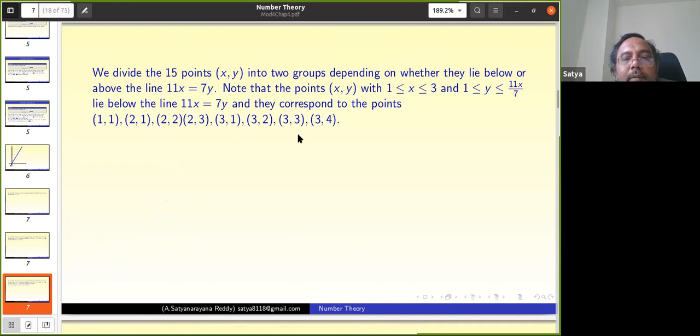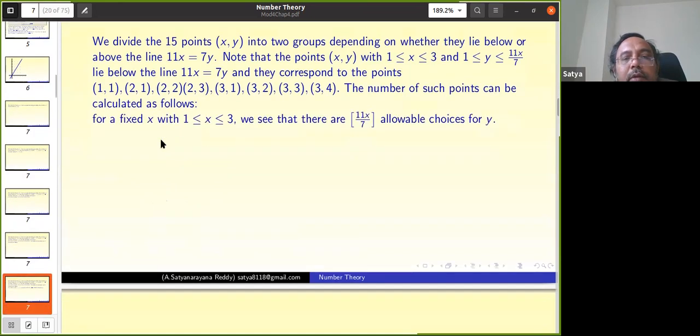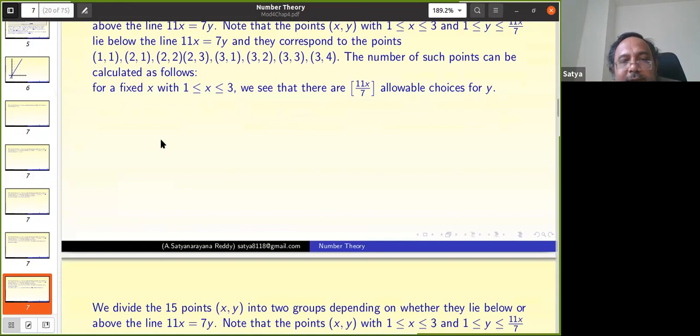But how do you get them? How many of them? That is the question, right? The number of such points can be calculated as follows. Once we fix x, we see that floor(11x/7) are the allowable choices for y, right?